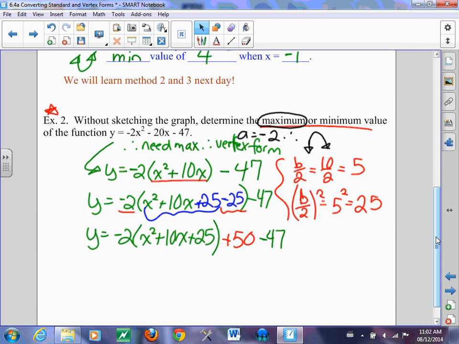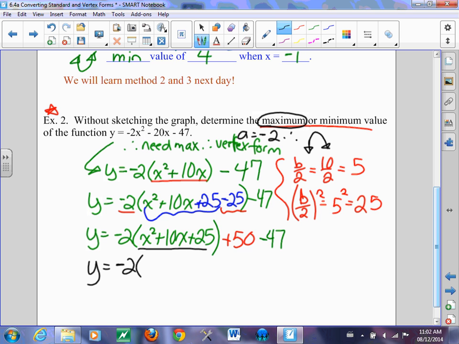Okay. Now we're on to our last step, folks. We're going to do two things in the last step. First of all, we're going to change this trinomial into a binomial squared. Take the square root of the first, the sign of the second, and square root of the last. Or you can look up here, folks, and you've got it right there. Okay, collect like terms. We are going to have 50 minus 47, which is plus 3.